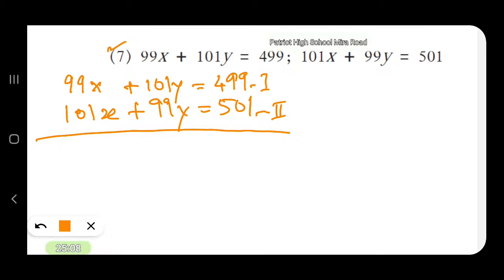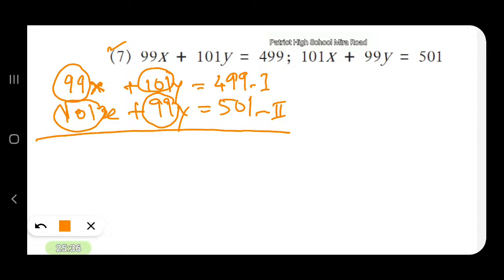Now we see that the coefficients of x and y are reversed in equation number 2. So here it is 99x; in the second equation it becomes 99y. In the first equation it is 101y, and in the second equation it becomes 101x.